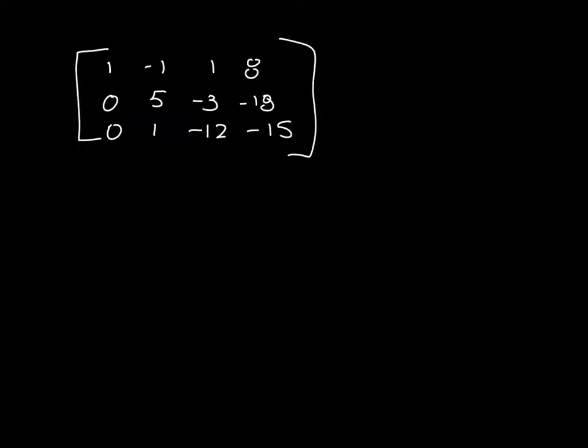All right, so for this stage, what I want to do is turn this first piece here into a 1, and then above it and below it need to turn into a 0. However, if I look at row 2 and row 3, I see that in row 3, they already have a 1 where I want it.